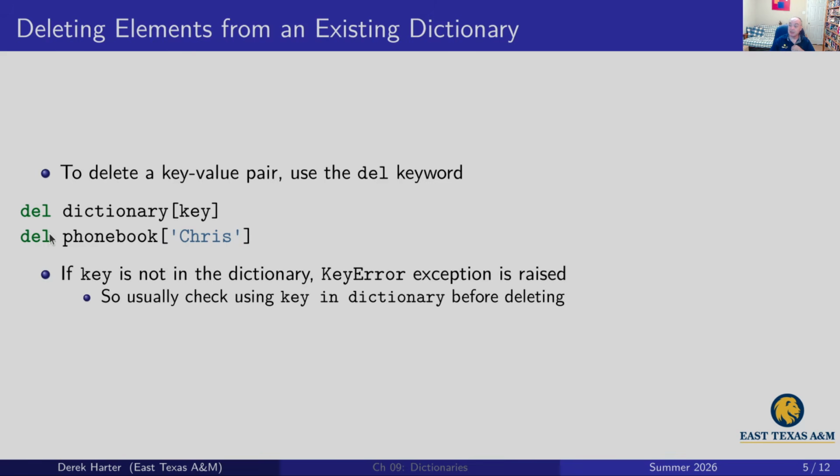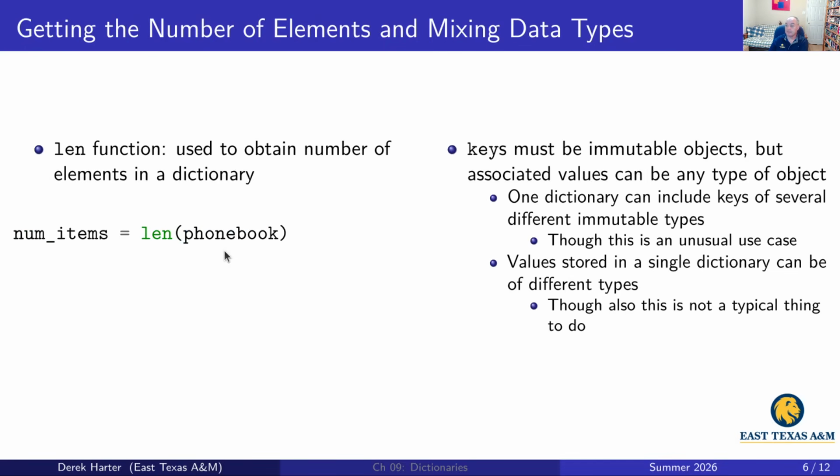Basically, you're doing a lookup, but you're asking it to delete that key value pair. If the key is not in the dictionary, you'll get a key error. You can also use the len built-in function for Python. This will give you the number of key value pairs, the number of entries in the dictionary.